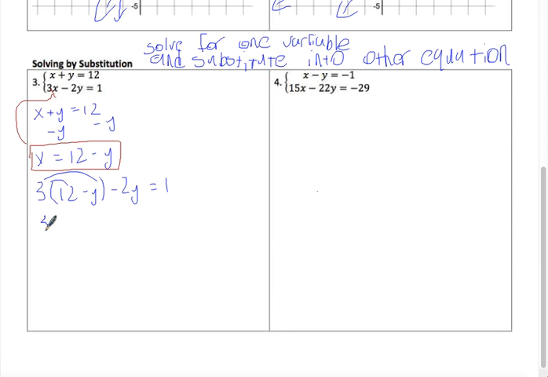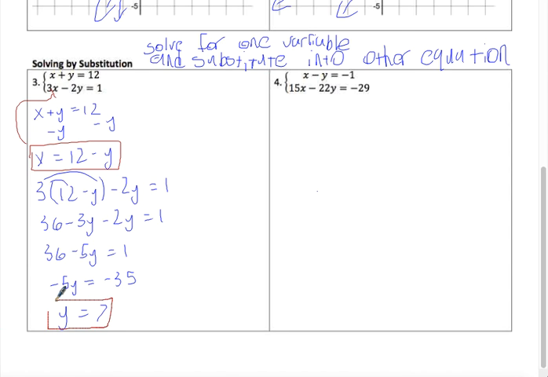So I get 36 minus 3y minus 2y equals 1, which is then 36 minus 5y equals 1, negative 5y equals negative 35, and y equals 7.